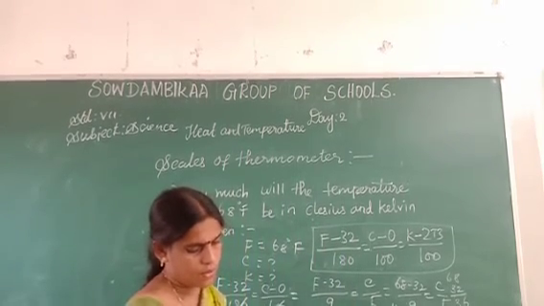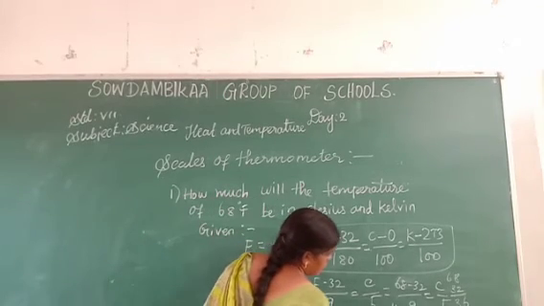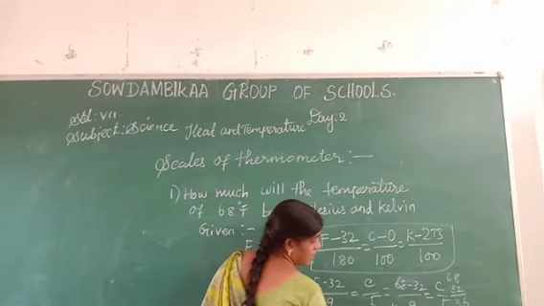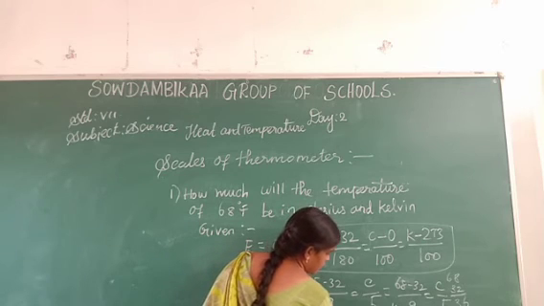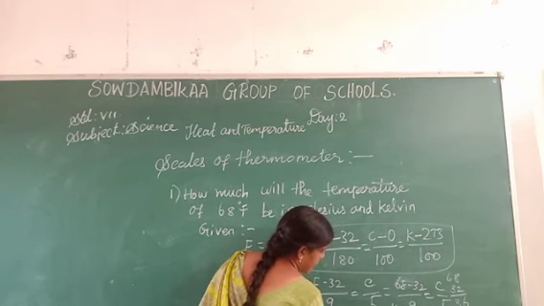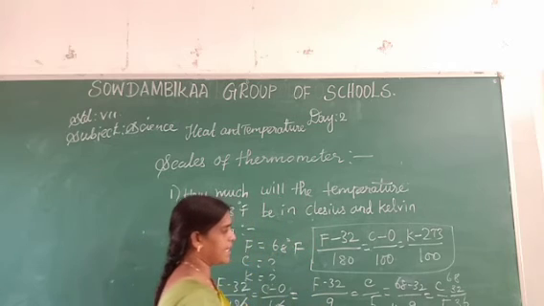The denominator comes to the other side: 4 into 5 equals C. So it is 20 degrees Celsius.